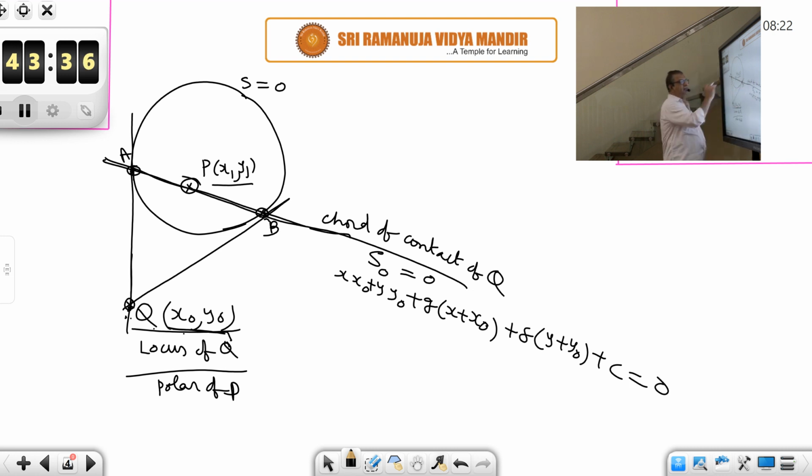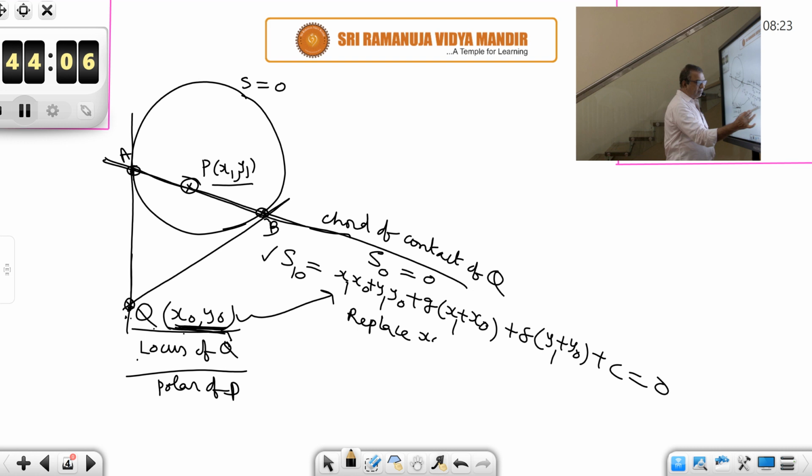This chord of contact is passing through x1, y1. So we substitute x1, y1 here. Of course it is nothing but S10. So this is the condition we have obtained. To find the locus of Q, what do we have to do here? In place of x0, y0, we have to put x, y. If you want the locus of x0, y0, replace x0, y0 by x, y.